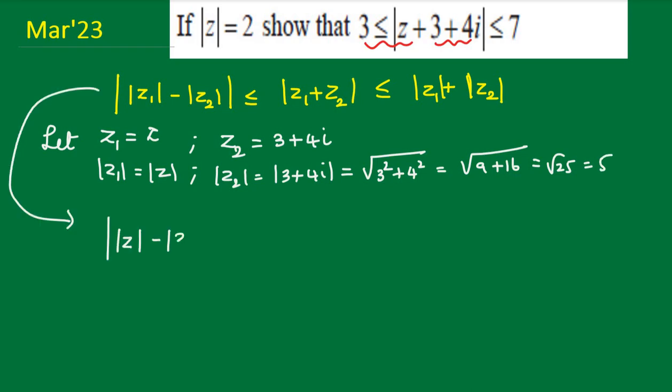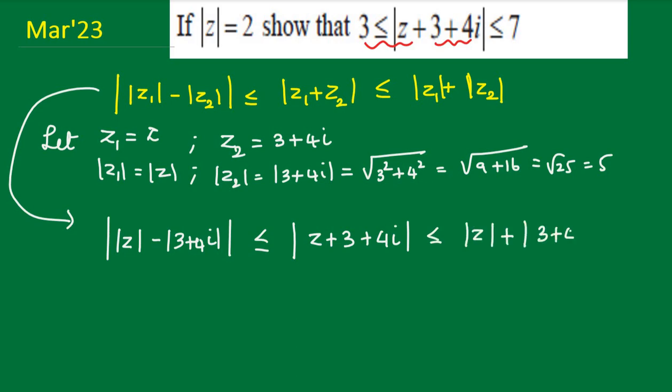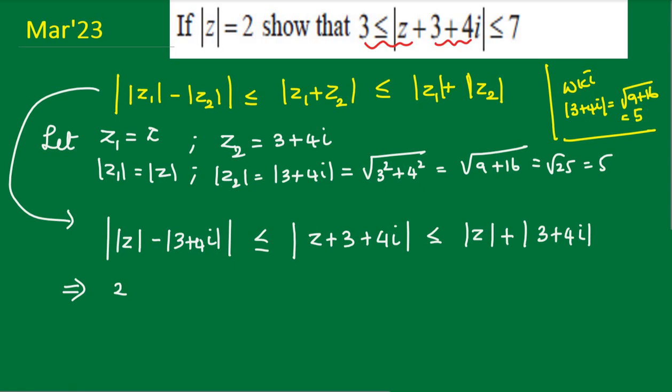Now, the given question, that is modulus of z plus 3 plus 4i, is less than or equal to modulus of z plus modulus of 3 plus 4i. Now this again implies modulus of z, given in the question, so we are going to use that here.